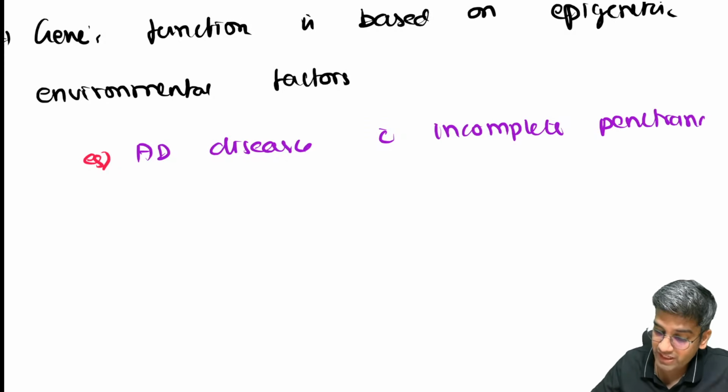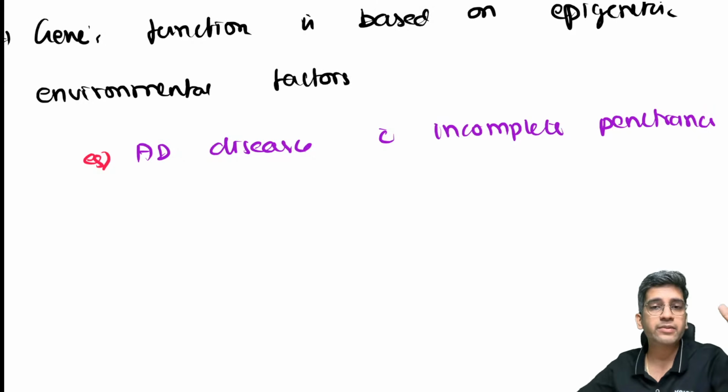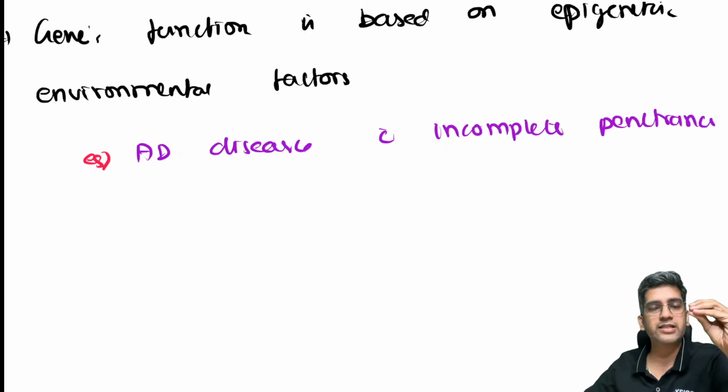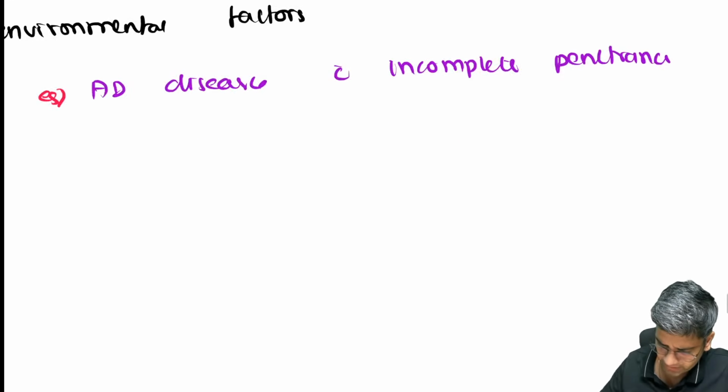This is a very, very common thing which most of your examiners must have heard. Penetrance of a disease is nothing but the extent to which a mutation can cause a disease. But why is penetrance the answer, right? Again, giving an example there.